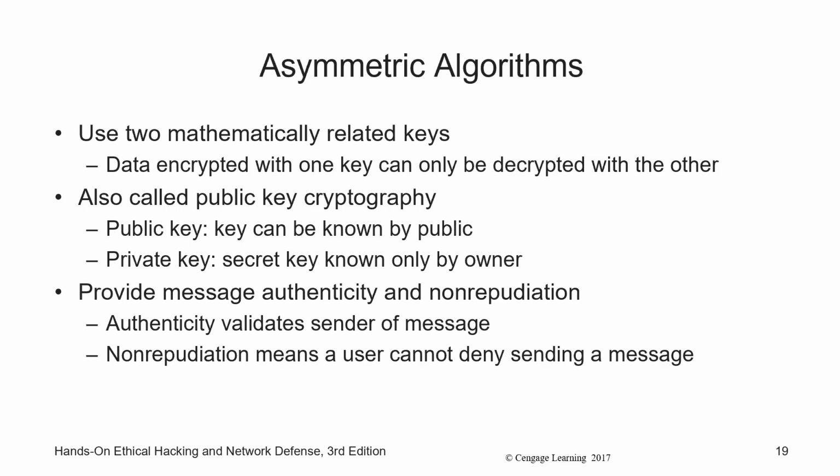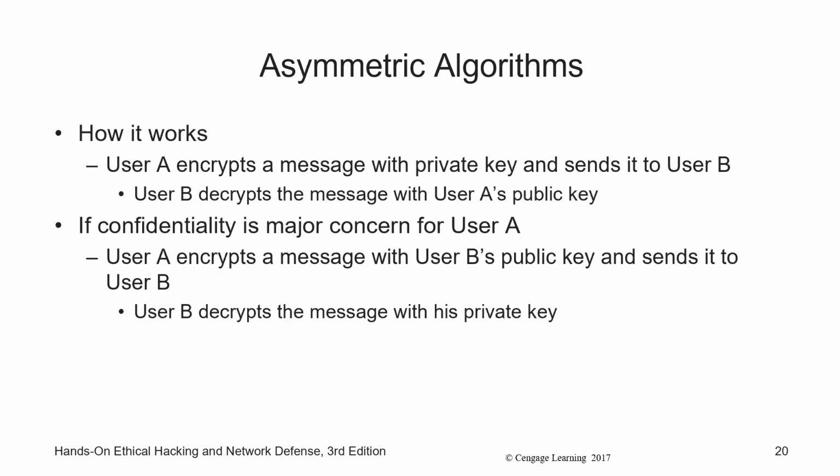It provides authenticity and non-repudiation. So again, it'll validate a sender, and the sender cannot deny sending the message. But obviously it doesn't offer the confidentiality portion that the symmetric algorithms do.